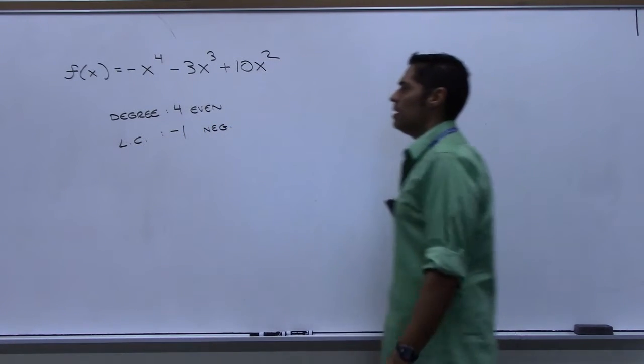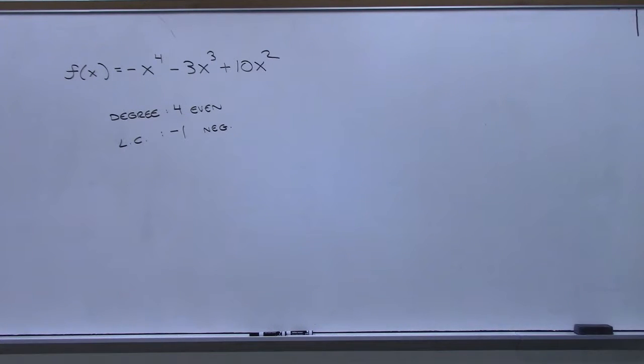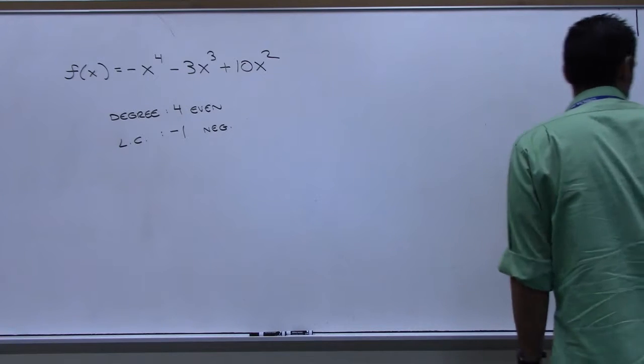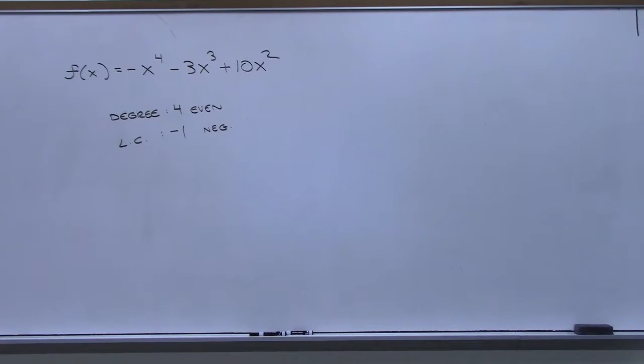And according to the table, when you have this situation, even and negative leading coefficient, what do we get? You should have this in your notes: even, odd, leading coefficient, positive, negative. So if your degree is even, you're here. If your degree is odd, you're here. If your leading coefficient is positive, you're here. If the leading coefficient is negative, you're here.